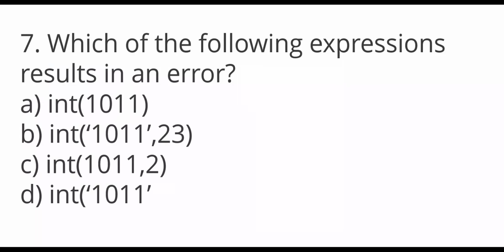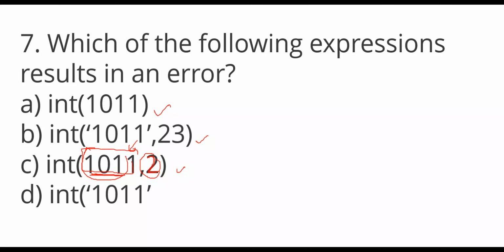In this, this one is correct, this one is correct, and this one is wrong. That means you are saying that this is a decimal number, and you are asking for the binary equivalent. Here, if you write within the quotations, then it will be treated as a binary number, so that the base is 2.